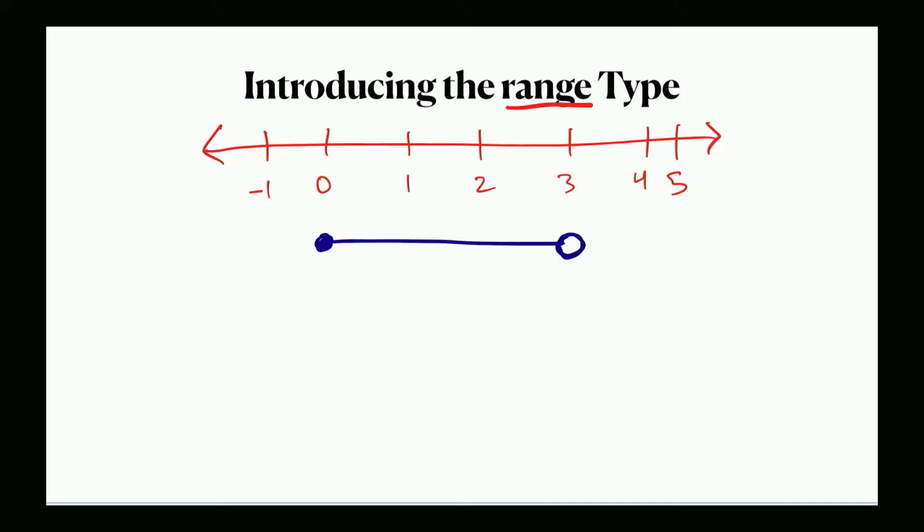If we're thinking about ints, this range would be inclusive of 0, 1, 2, but not 3. Similarly, if we wanted the range inclusive of 4, exclusive of 1, this would be 2, 3, and 4. Hopefully none of this feels particularly mind-blowing.